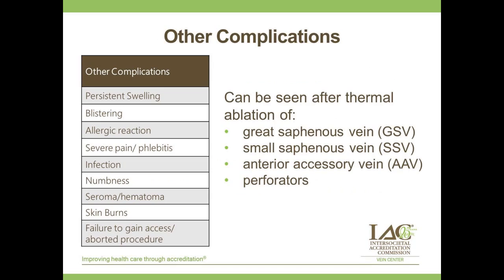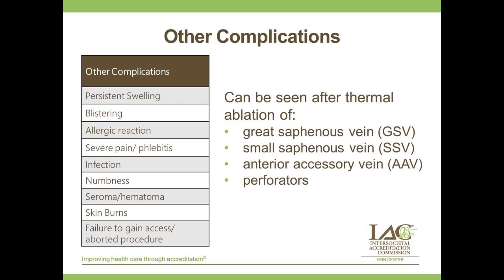Other complications of thermal ablation can include persistent swelling of the limb, blistering, and allergic reactions to either the lidocaine, the tumescence, or any other solutions that are used during the procedure. Severe pain or phlebitis after thermal ablation should not occur, and if patients are requiring narcotics or require admission to the hospital, this needs to be logged as a complication.